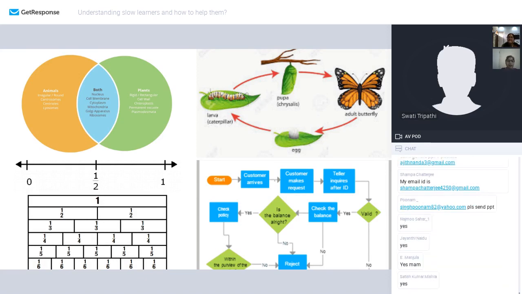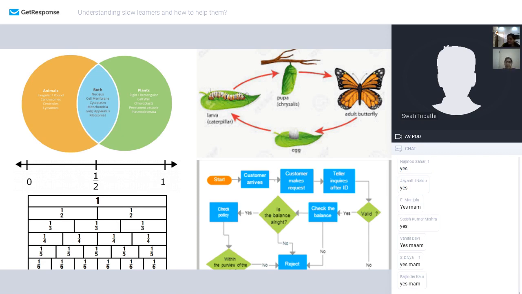The first one is a Venn diagram representing the animal cell and the plant cell, and the area of intersection in blue gives the common characteristic features of the cells. Then you have the flow diagram for the life cycle of a butterfly.